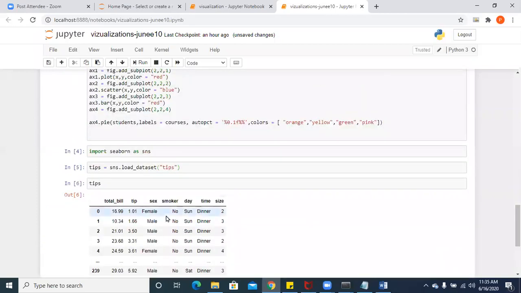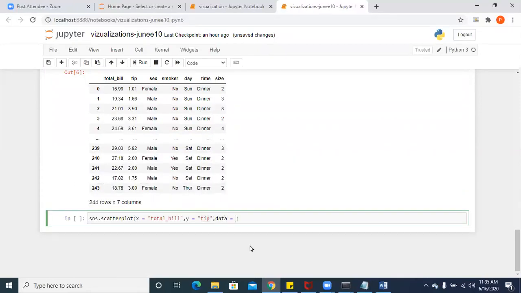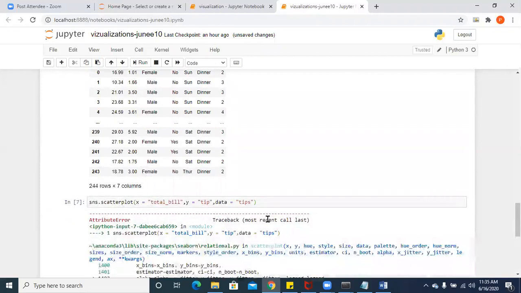From the data tips, so data=tips. Just execute this.